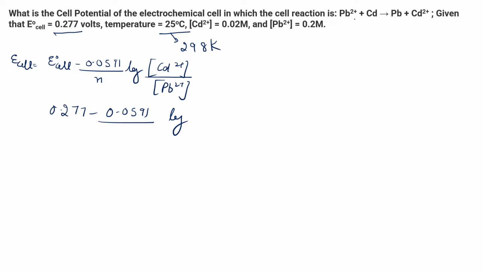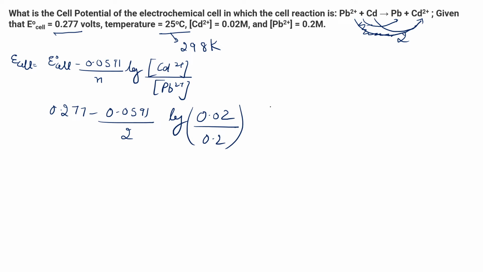How many electrons are being consumed? 2 over here, 2 over here, and cadmium is also releasing 2 electrons. So n value is 2, log, cadmium concentration is 0.02, lead concentration is 0.2.